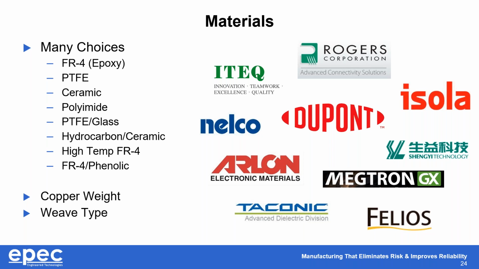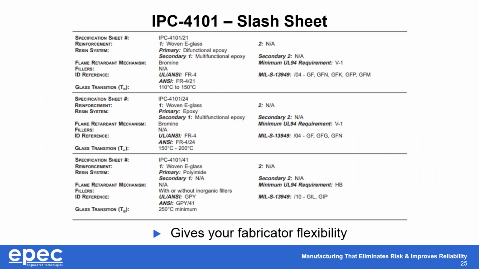What this does is create flexibility from a cost perspective, because I'm going to have material that meets the same specs, but it may not be from that exact laminate manufacturer. And in many instances, it's not required to have that. So using this IPC 4101 slash sheet to outline what you want for material gives your fabricator flexibility from a cost and a delivery perspective.